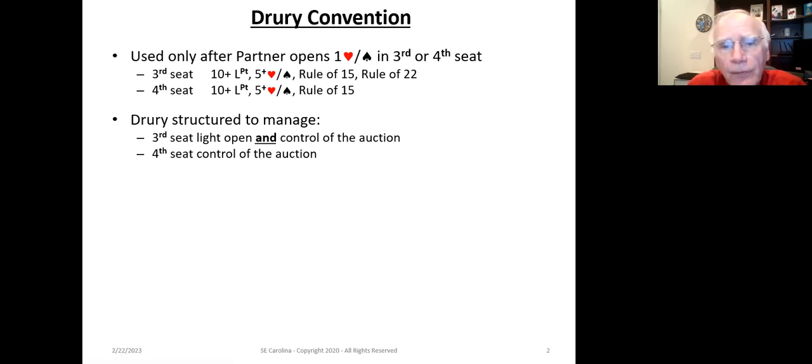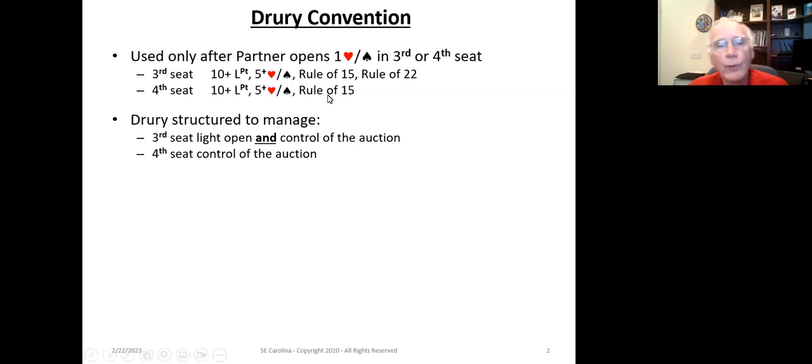Okay, if you're in fourth seat, you don't want to open if the opponents are going to be able to find a fit and get the contract and potentially make it. Okay, so you want to be able to control the auction. So that's what the rule of 15 actually says.